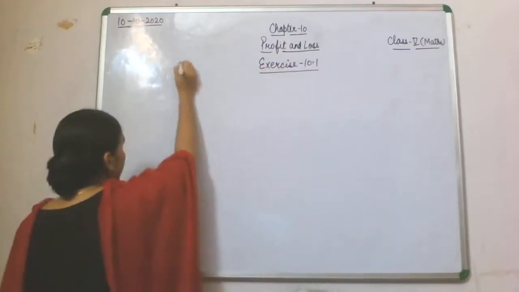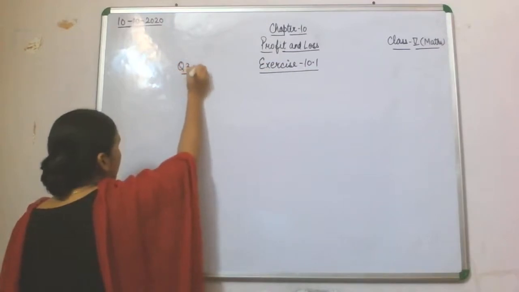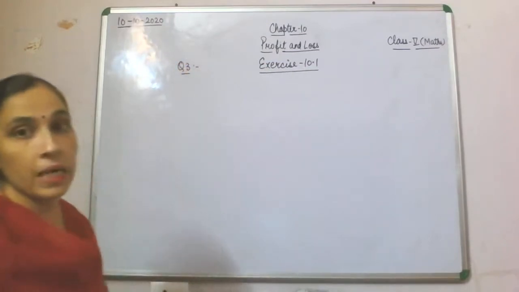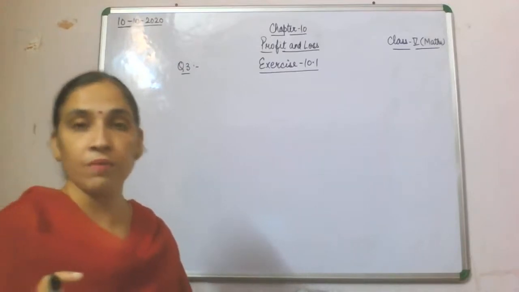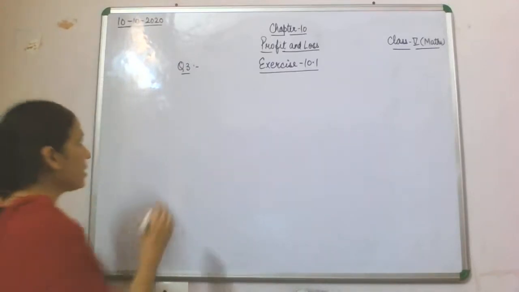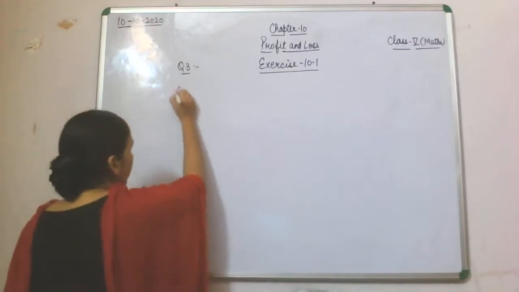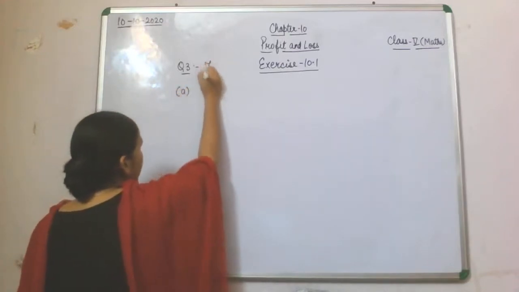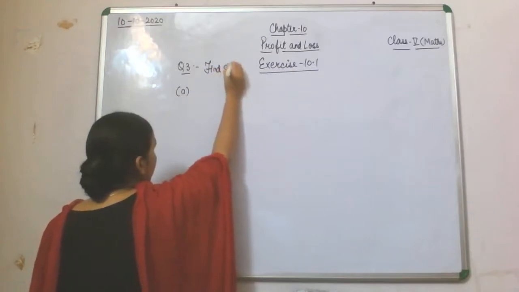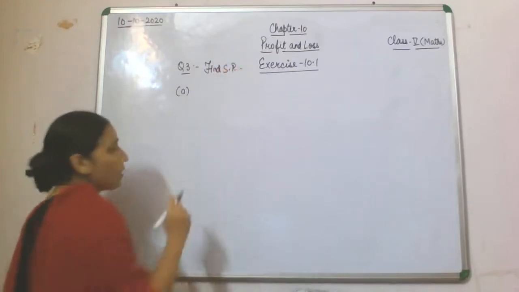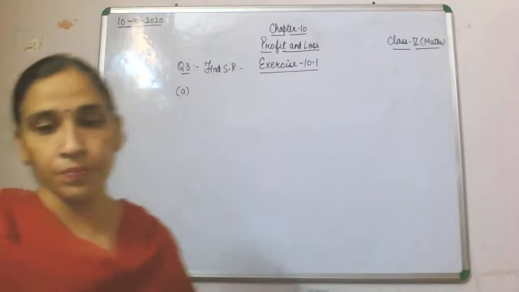Question number 3. What is that question? That is how to find selling price. Question number 3 is: find the selling price, find SP. Now A part is what?